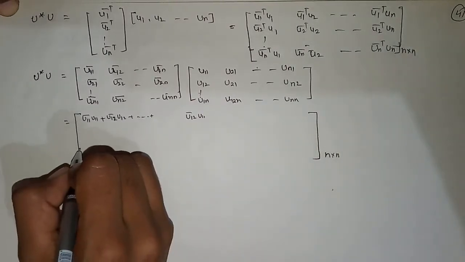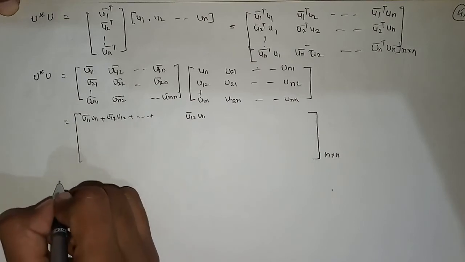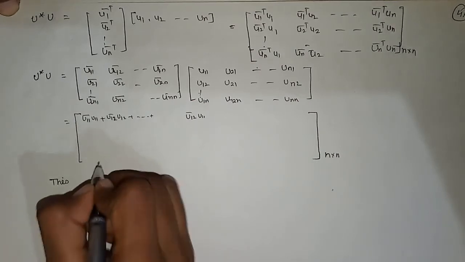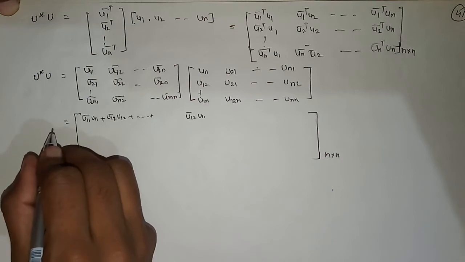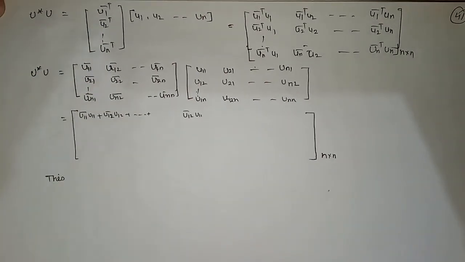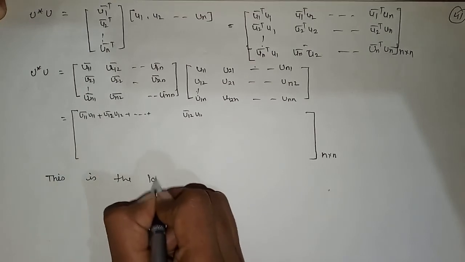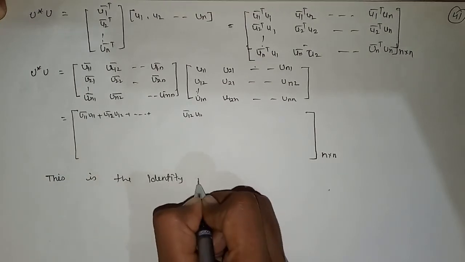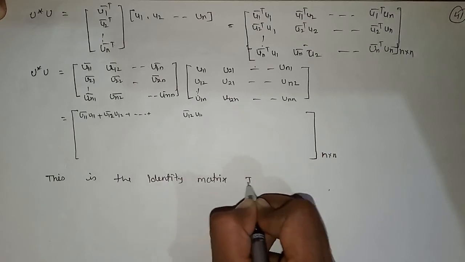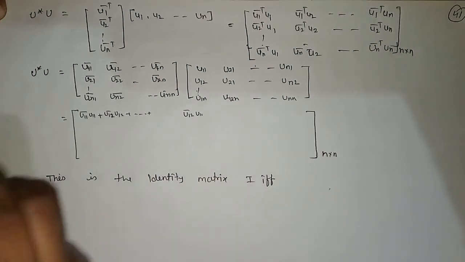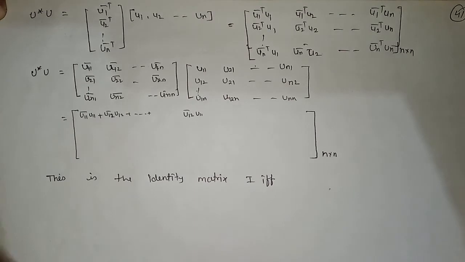So in this case, we will get this as the identity matrix, because we have to prove that this matrix is a unitary matrix. So for that we have to prove that U star U is the identity matrix. So from here we will write this is the identity matrix I if and only if, so if I want to say that this is the identity matrix, then what happens?